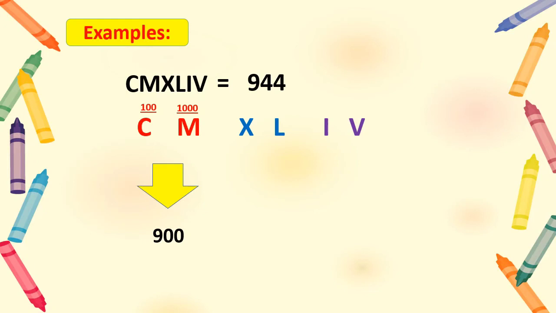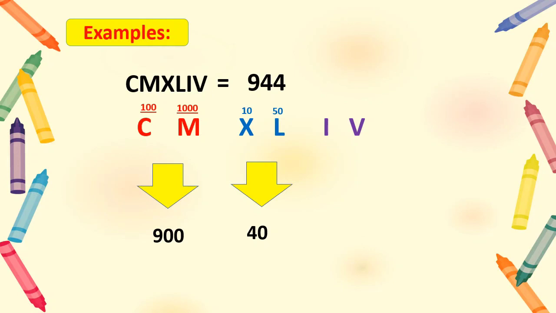Next, the XL. XL represents X and L, and because the smaller X or 10 is written before the larger L or 50, we must subtract X from L, which is equal to 40.